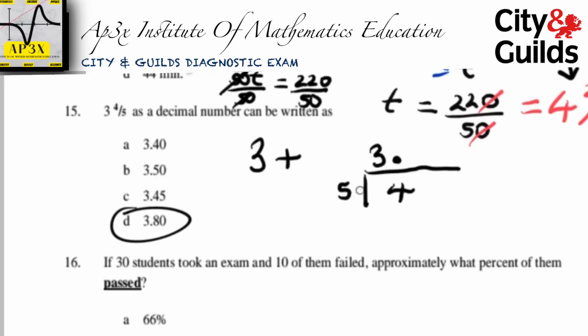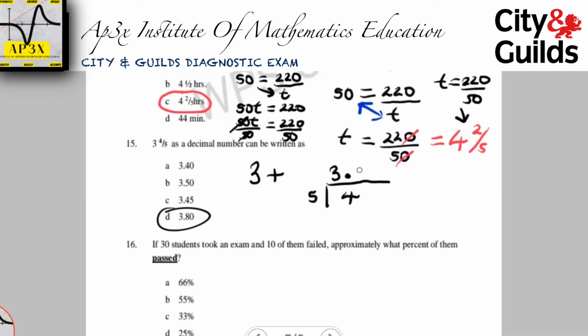So 5 goes into 4 0 times, and 0 times 5 is obviously 0. I'm just going to add a point right here, and add a 0. And then 5 into 40 is 8.